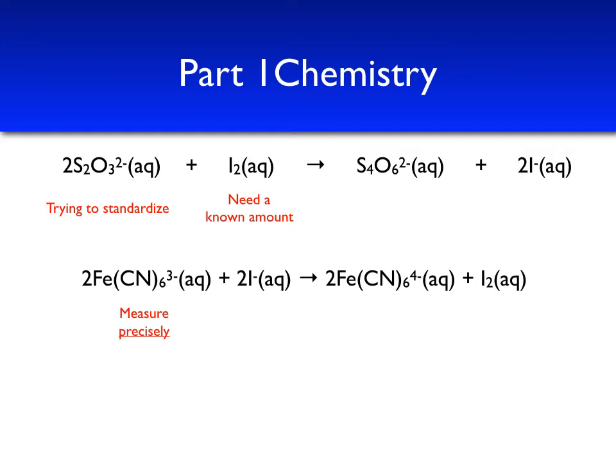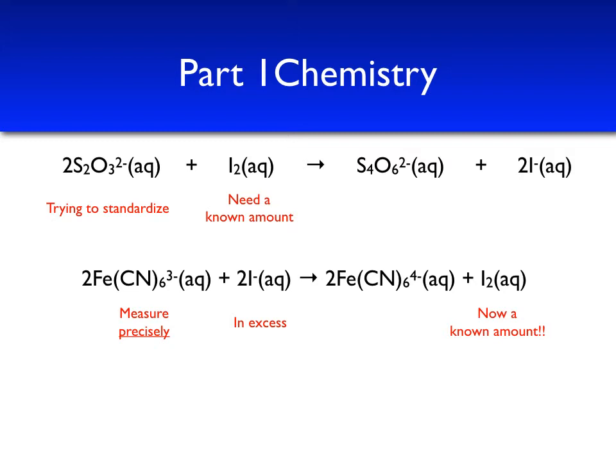So therefore, we want to relate the amount of potassium ferricyanide used to the amount of sodium thiosulfate that's in our solution. To do this, we make sure that our potassium ferricyanide will be, in essence, our limiting reactant. So we use an excess of I-. In doing this, now, in essence, our amount of I2 is known, since it depends on the amount of potassium ferricyanide that we added to our solution.